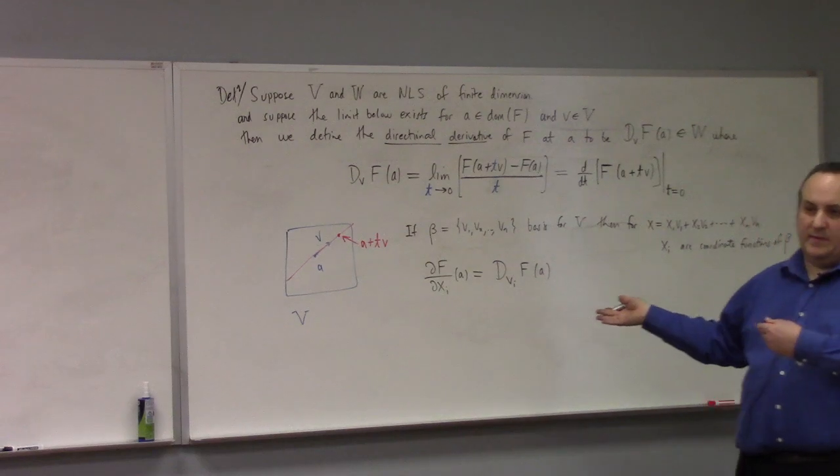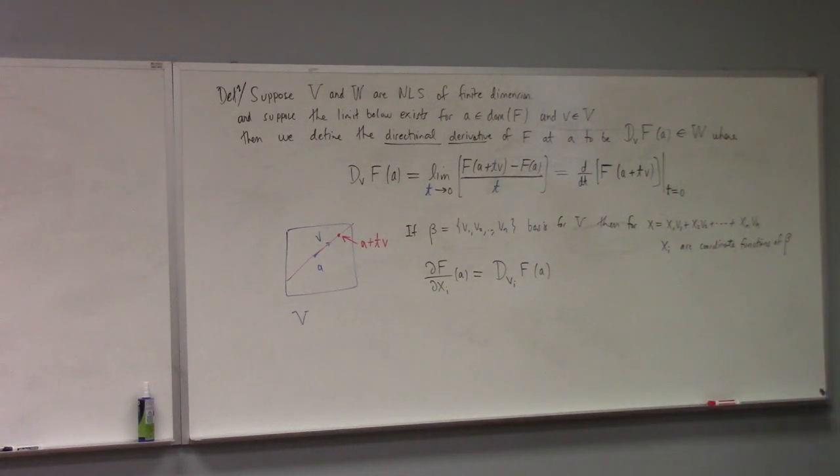This would be what we mean by the partial derivative with respect to a coordinate on a normed linear space. It's the directional derivative in the direction of the basis.